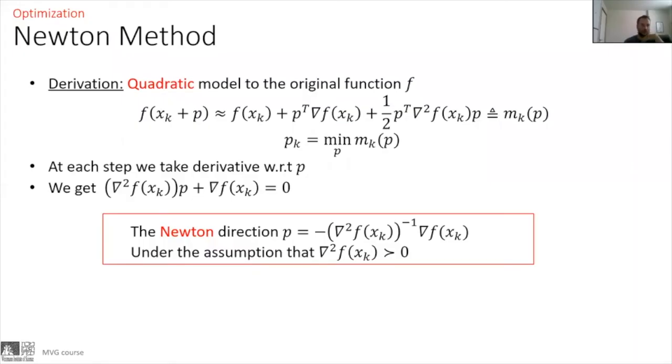Okay, we're on. So if you remember, the direction that we got is by taking a quadratic approximation of the function, right? So if you have a quadratic function, the quadratic approximation of the function will be the function itself, right? Yes.